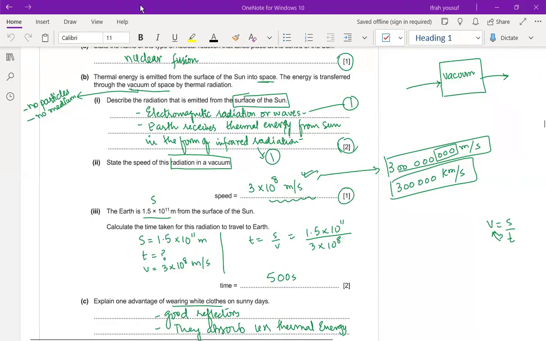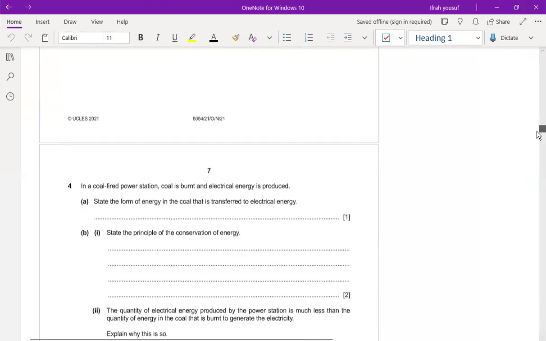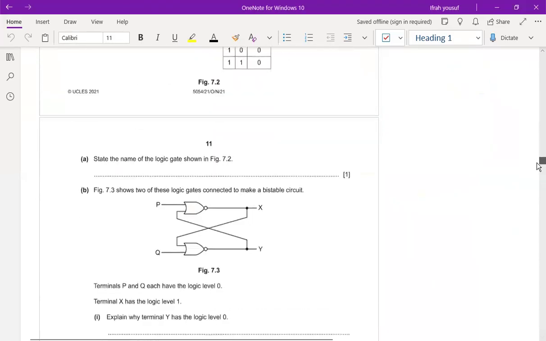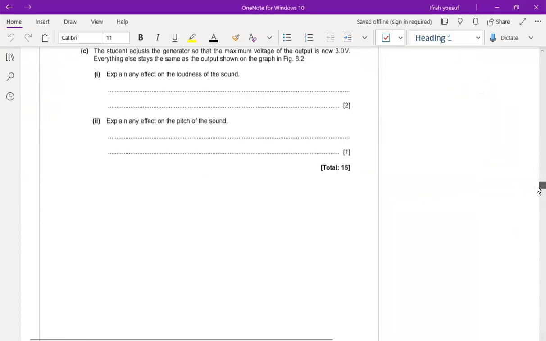Acha, one problem was also done. Okay, so we are going to start the emission of infrared radiation and absorption of infrared radiation.